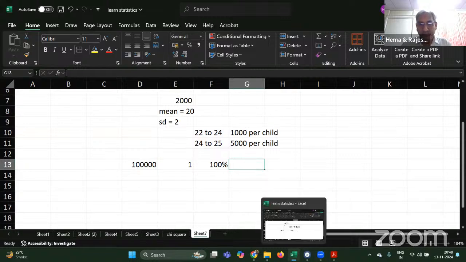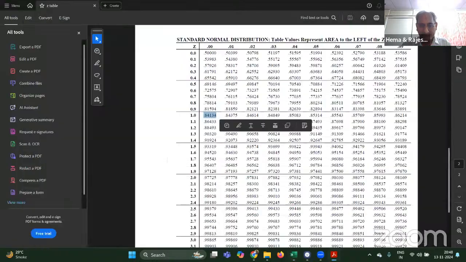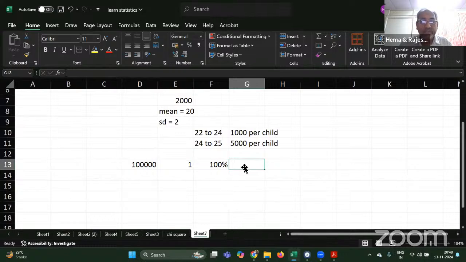So let us look at this Z table. For one standard deviation it is 0.84134; for time's sake, take it as 0.84.